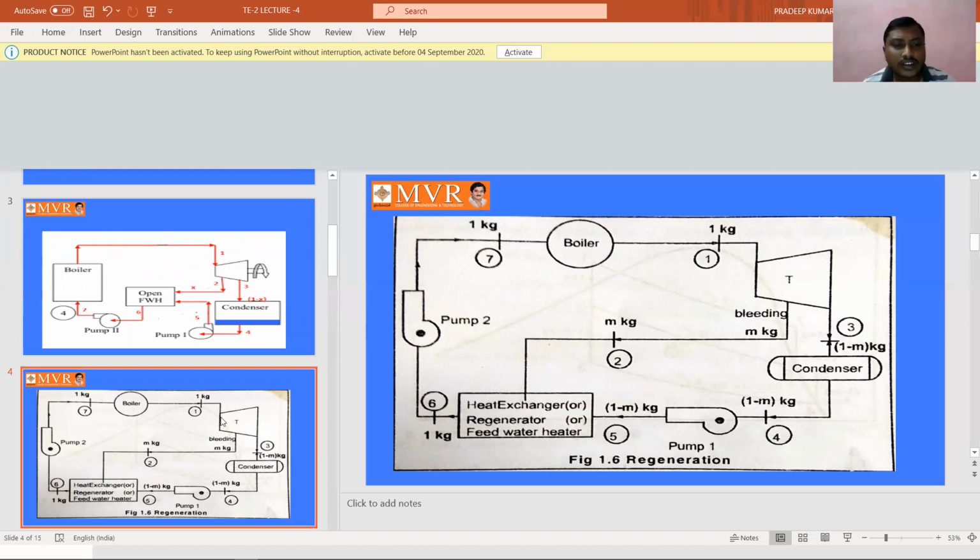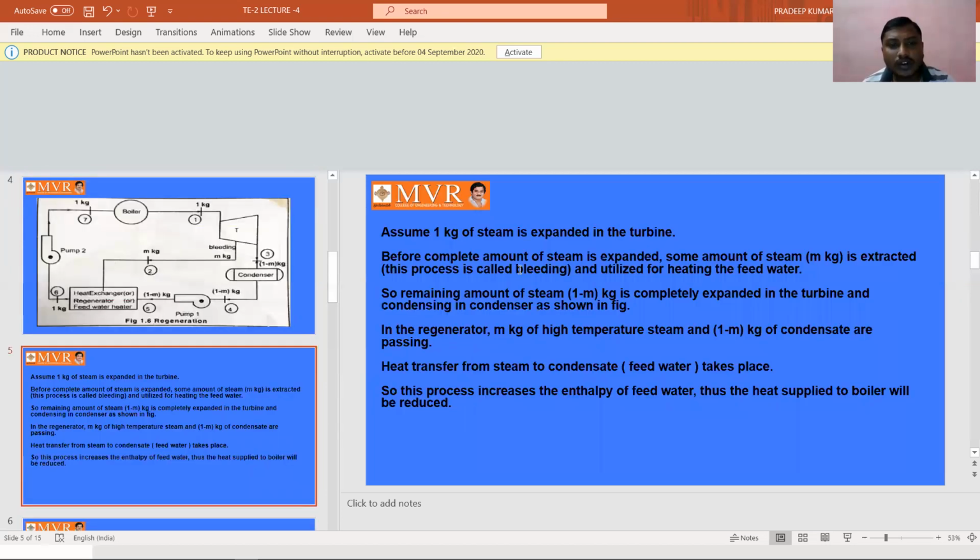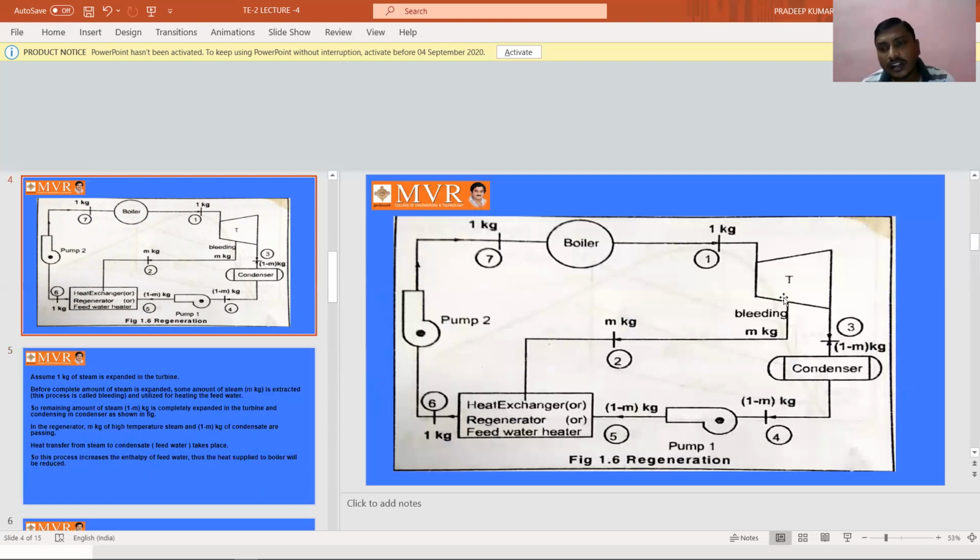See here, before the complete amount of steam is expanded, some amount of steam, m kg, is extracted and utilized for heating the feed water. What I have told you: in the turbine some of the steam has been exhausted, and the remaining steam is entered into the condenser.